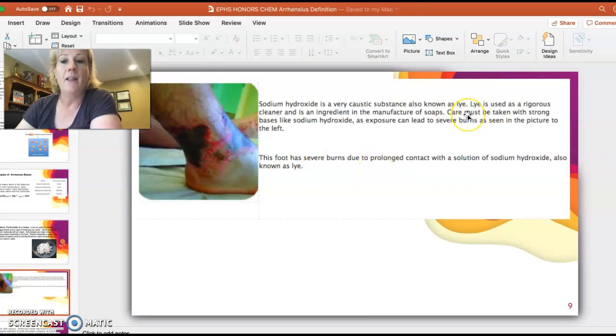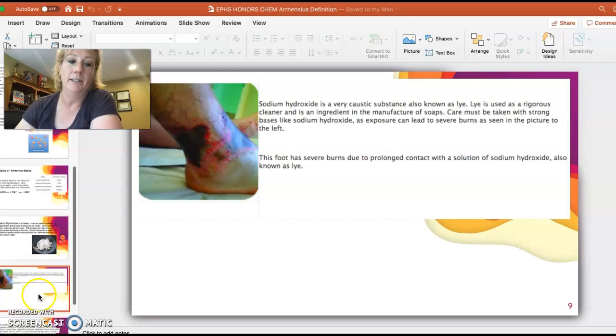It's also known as lye. Originally, the soaps that were produced hundreds of years ago were produced from lye, and they were so basic, they didn't cause this, but they were definitely really irritating for the skin.